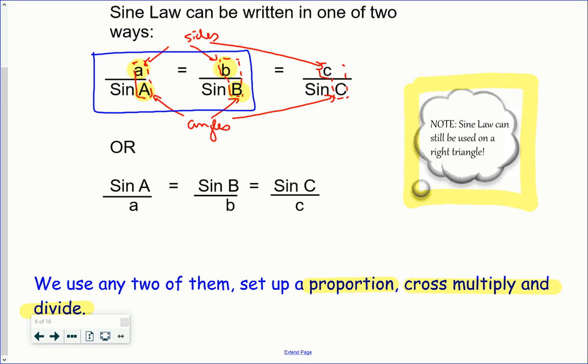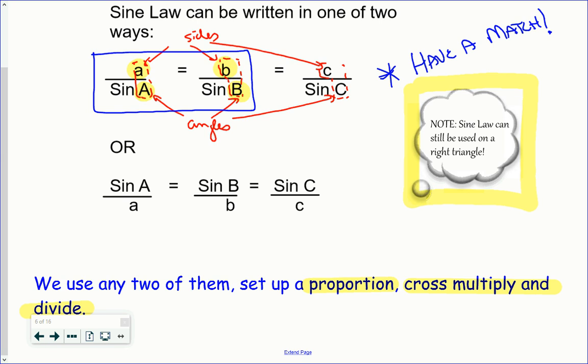Now, here's the most awesome part of sine law. Sine law can actually be used on right angle triangles. Cosine law cannot. So essentially, sine law can be used whenever you have a match. It doesn't matter if you have a right angle triangle or not, which means you get to forget everything about SOHCAHTOA.